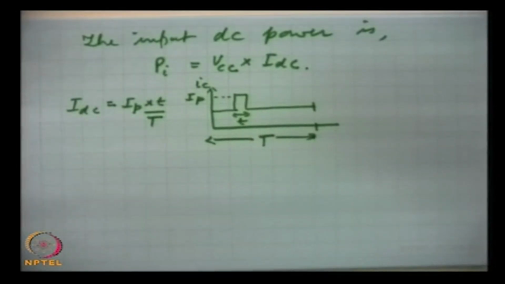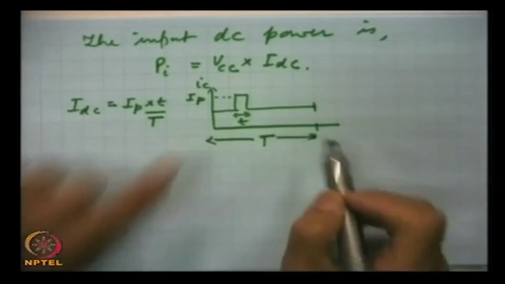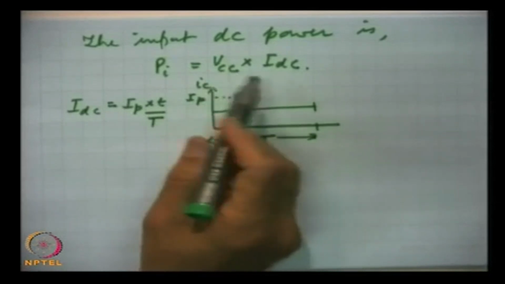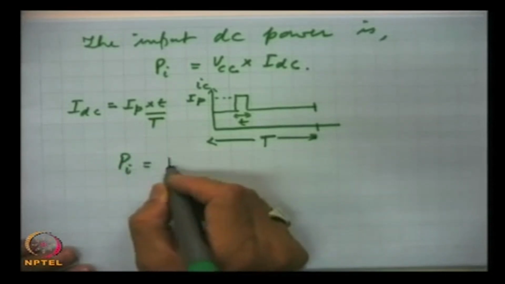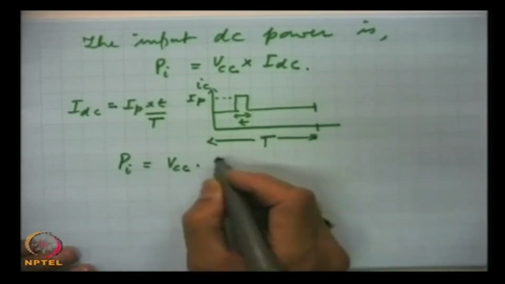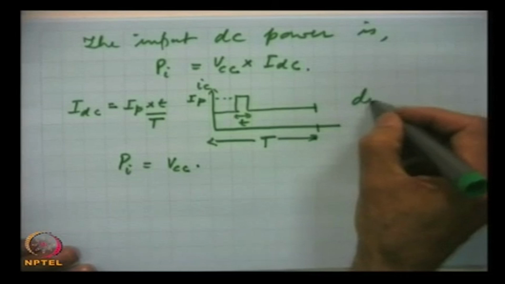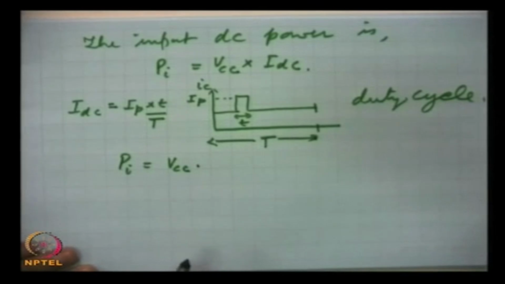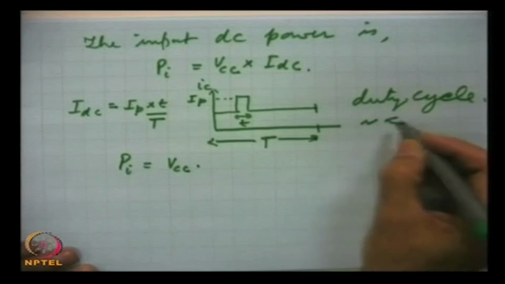The collector current flows for a very short period t in comparison to the period of the wave. So, this is the expression which we have to use with this. So, that PI becomes VDC into, this is actually many times talked in terms of duty cycle, and for good, efficient operation, duty cycles are around or less than 10%.